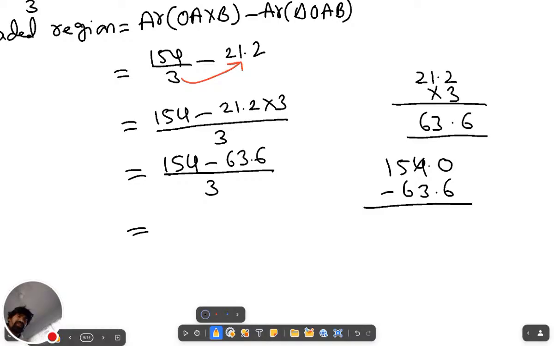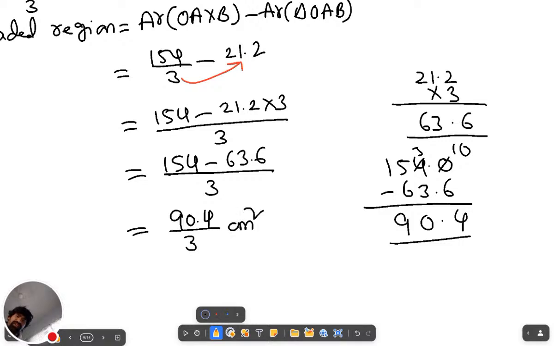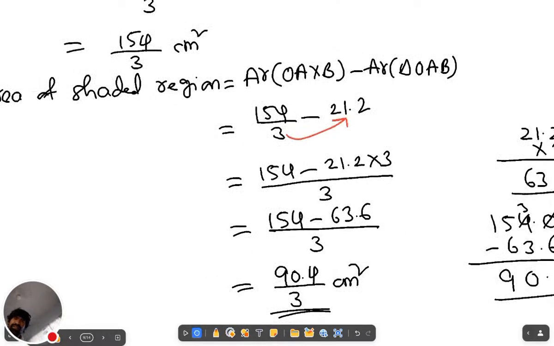Subtraction. Take a borrow from here. It will be 3 and it is 10. 10 minus 6 is 4. 3 minus 3 is 0. 15 minus 6 is 9. So now it is equal to 90.4 by 3 centimeters square. So this is the area of the shaded region. Now let's see the next question.